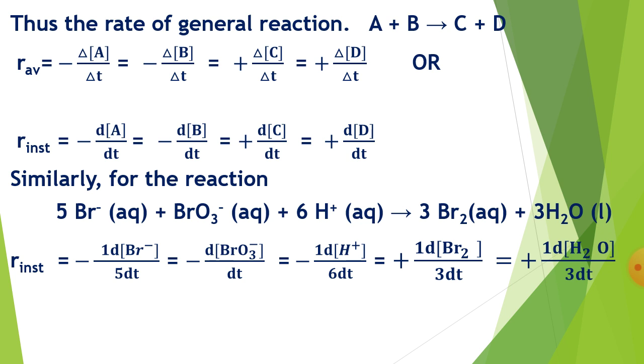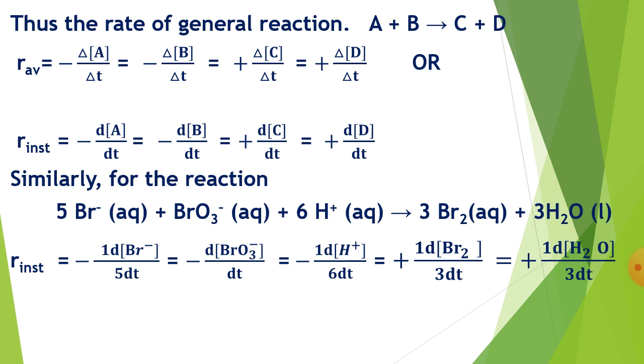Now similarly for this reaction, you have to write the instantaneous rate, or the average rate. Here 5 Br minus is given, so that's why we divide by 5. BrO3 minus is given 1. H plus is given 6 as stoichiometric coefficient, that's why divided by 6. Br2 is given 3, that's why divided by 3. Water is given 3, that's why divided by 3.